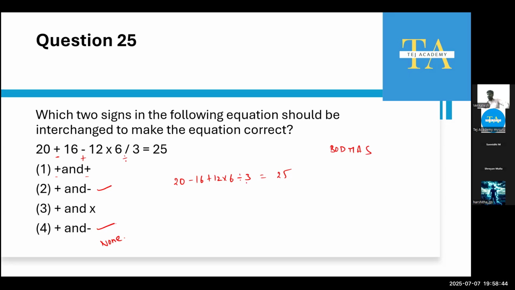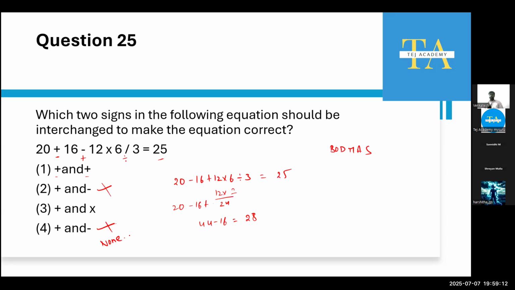Okay, so division. How much will it come here? 2. And multiplication, 2 into 12, so 24. So 20 minus 16 plus 24. So 20 plus 24, so 44 minus 16, so 28. But here the option is 25, so it won't match.